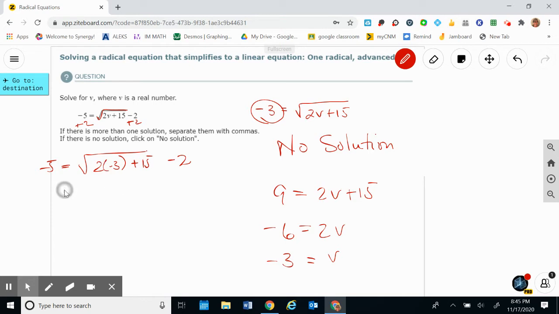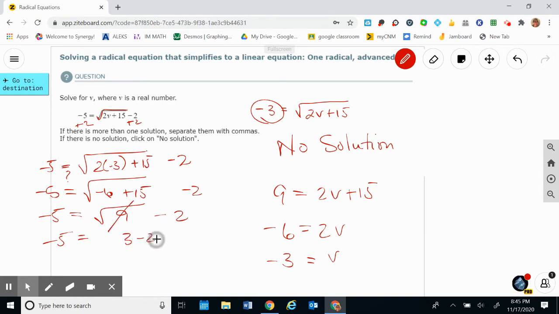So we get negative 6 plus 15 minus 2, equals negative 5? That's 9 minus 2. No, it's still not right. Okay, that would be 3. 3 minus 2 is not negative 5. So that would be no solution.